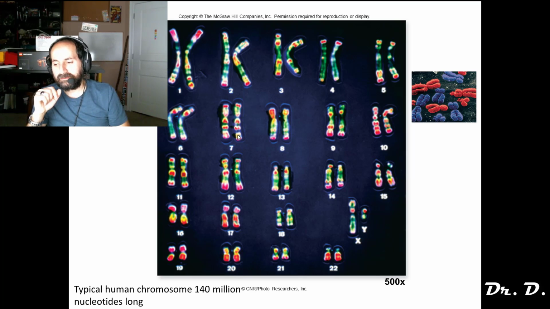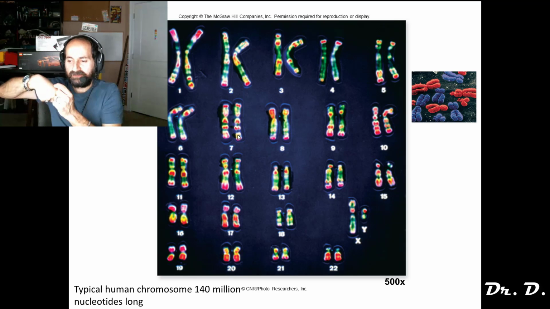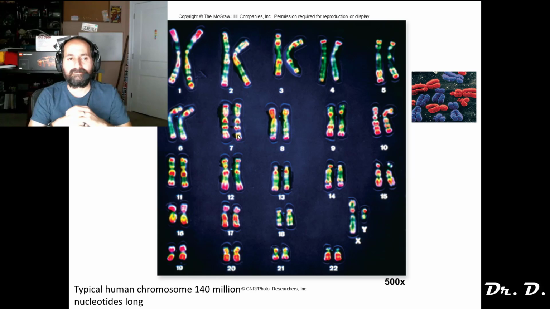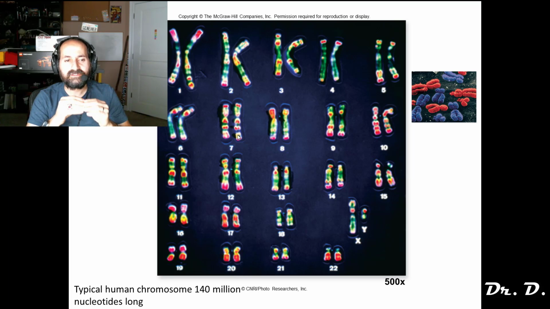Now, what if a cell, like a skin cell, wants to divide into two cells? What does that cell have to do with its chromosomes ahead of time?